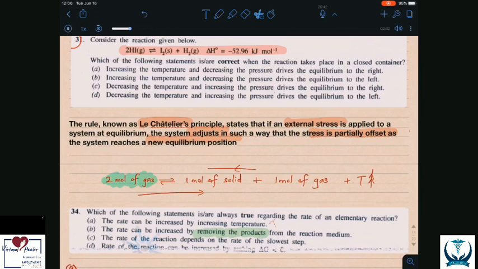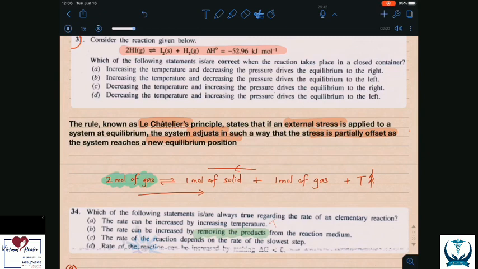If you consider this reaction, on the product side, you have 1 mole of solid and 1 mole of gas, while on the reactant side, you have 2 moles of gas. And on the product side, there is an increase in temperature. When there are more moles of gases, then the pressure on that side is higher.